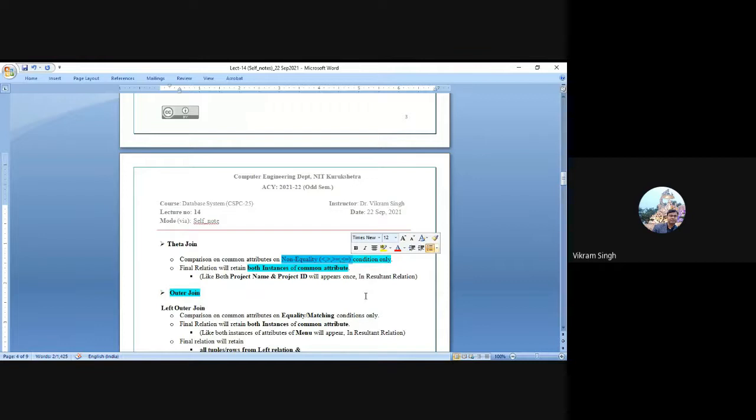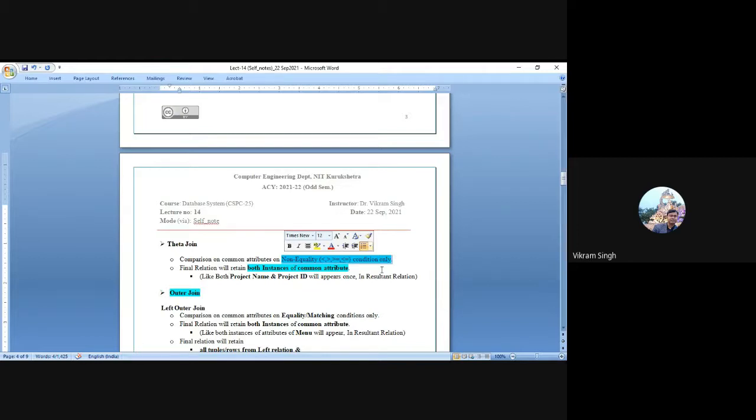Till now in the natural join, for all the common attributes between two database tables, we have imposed the equal to operator to perform the matching. In contrast, theta join imposes not equal to matching conditions on all the common attributes between two database tables.